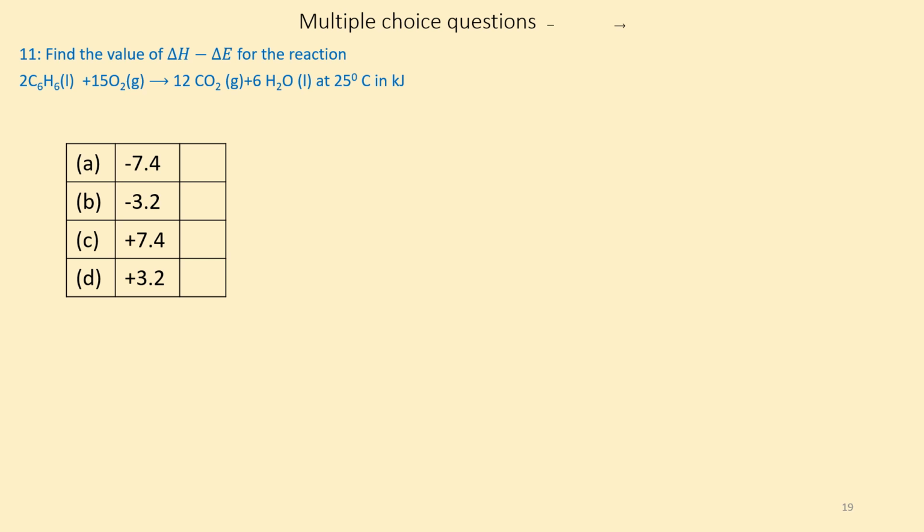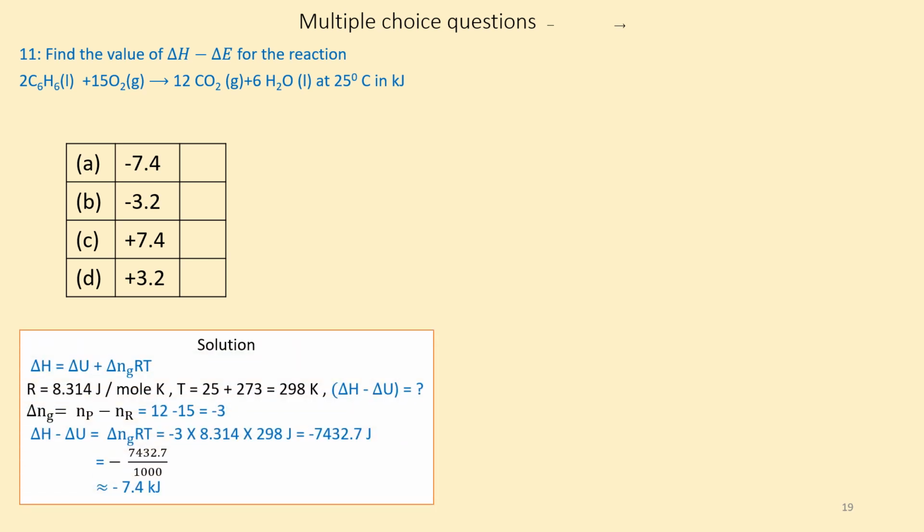We have to find the relationship between delta H minus delta U. Four options are given. We know that delta H is equal to delta U plus delta Ng RT.